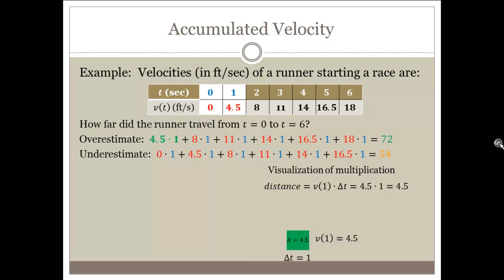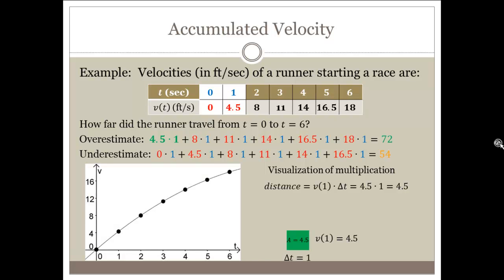As we did before, we'll see how this fits into our graph of v of t. Since we are looking at the time interval from 0 to 1, we'll put the rectangle over the time interval from 0 to 1. Notice again that since our height is given by v of 1, we pass through the point 1, v of 1 in the top right-hand corner.